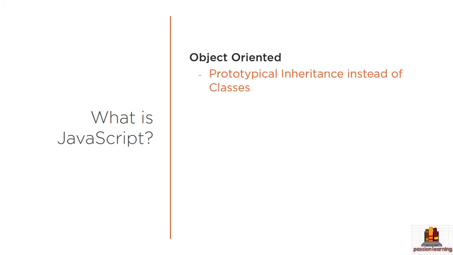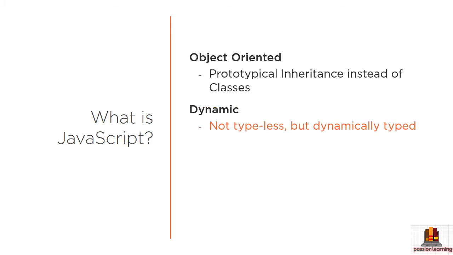It uses prototypical inheritance instead of classes, though in future versions of JavaScript, they are introducing classes. JavaScript is also dynamic, which means it's not typeless, but typically dynamically typed. What this means is that types can change over time, but each object itself has the notion of a type.